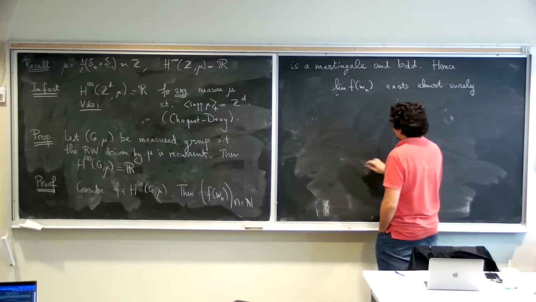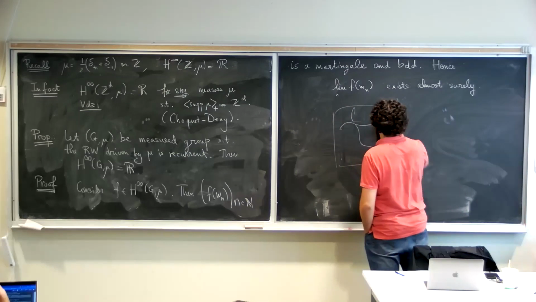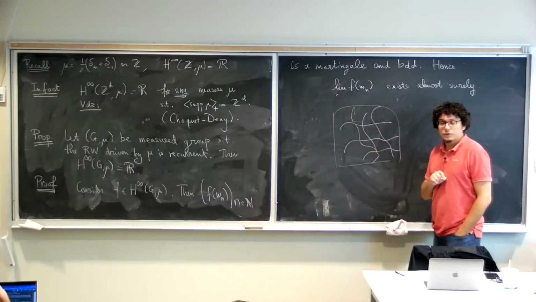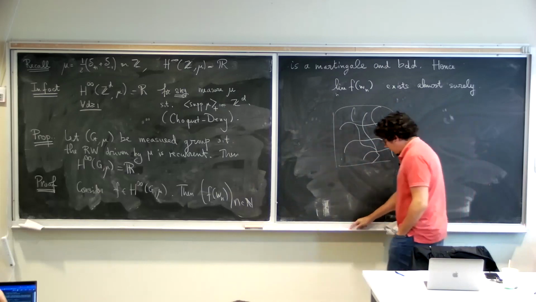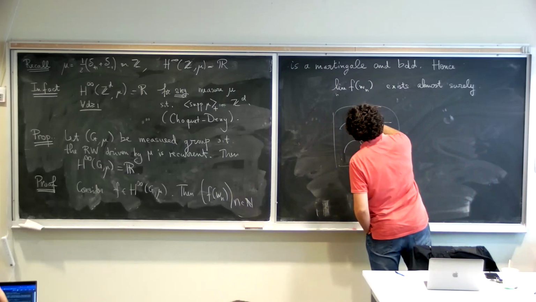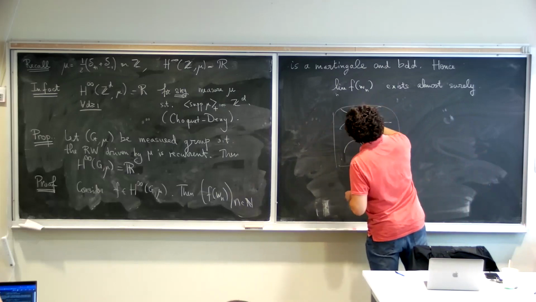But then we want to use the fact that this is a recurrent walk. So again, we pick two points: e, and another element g.